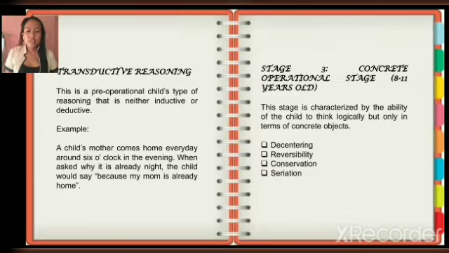Then, while they are getting better with language and thinking, they still tend to think about things in very concrete terms. So, our key teaching strategies in this stage is to use concrete props or visual aids to illustrate lessons and help children understand what is being presented.